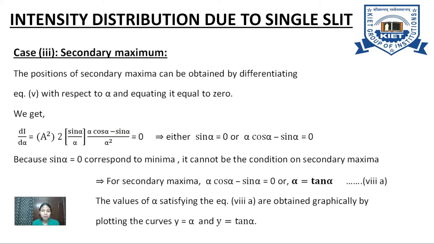Now we have to find out the values of alpha which satisfy this equation, and we do that graphically. In this equation, if I put alpha equals y, I get tan alpha is also equal to y. So we'll be plotting the curves y is equal to alpha and y is equal to tan alpha.